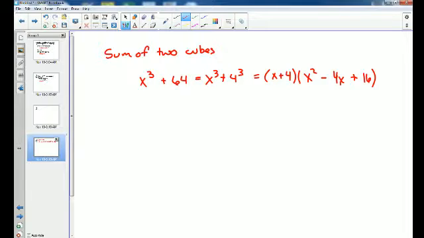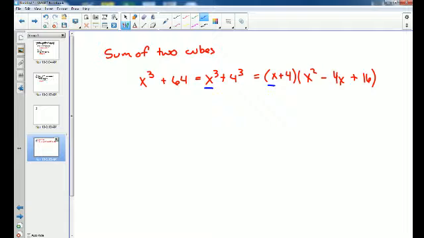Okay, so here's the thing, all you're doing is identifying terms and placing them in the right spot. The first term, x, here it's squared, and it goes here. Right? The second term is 4.